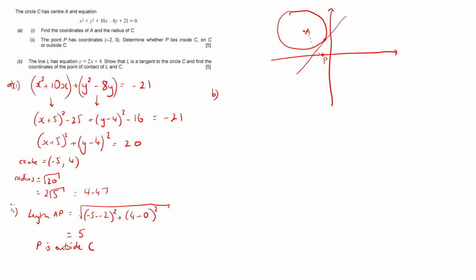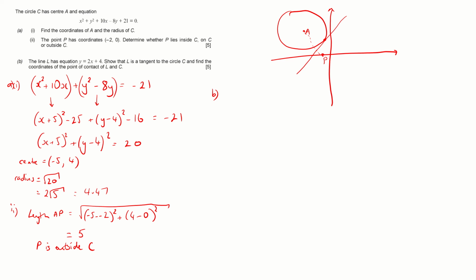Obviously, they contact there. Now, if I put the equations of the 2 lines equal to each other, remember the circle is a curve, and I rearrange it, and I use my simultaneous equations method, then it'll give me the coordinates of intersection.